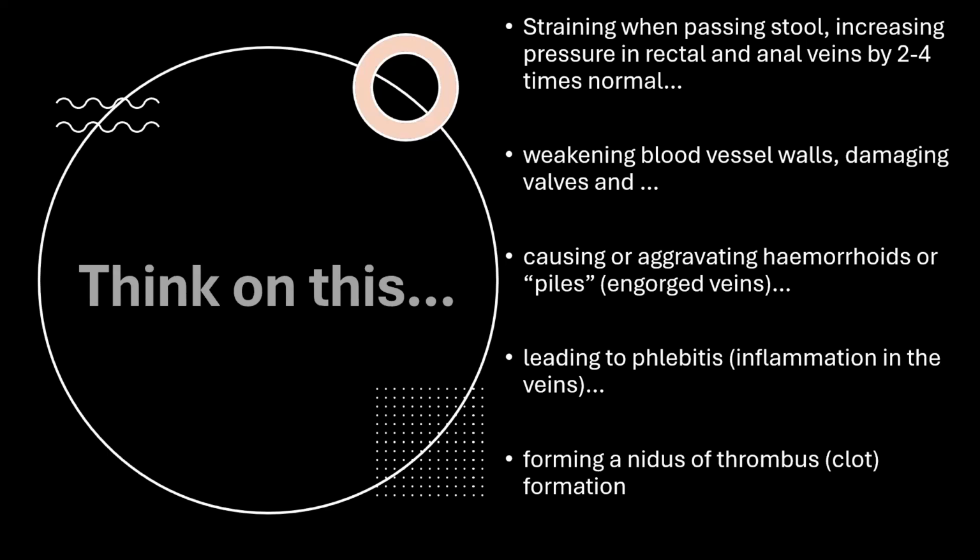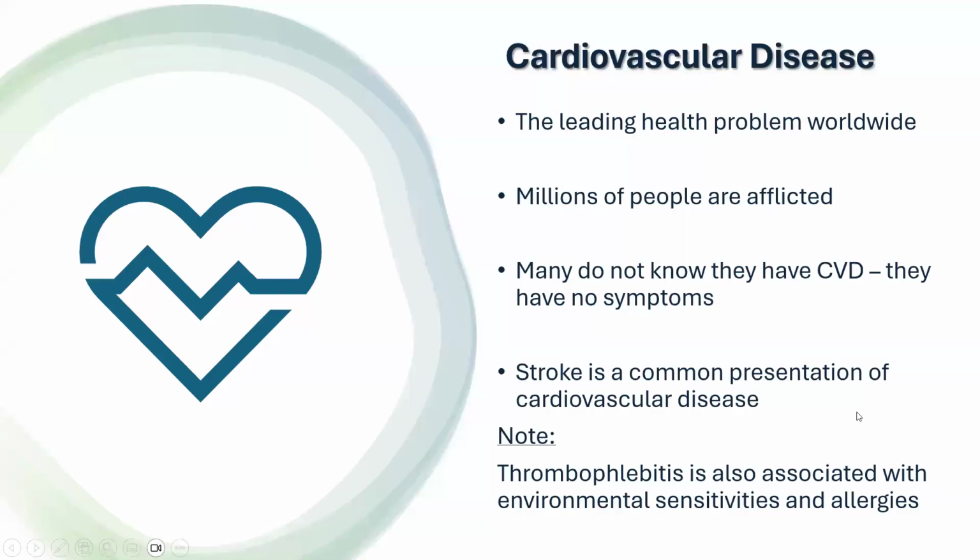And there, if there is inflammation in those hemorrhoids or the piles in the veins, it forms a seed or a nidus of the thrombus to form. So we need to really connect these dots. One of my favorite pastimes, and I am also speaking not only to you, but to myself. One has to be aware of these things.